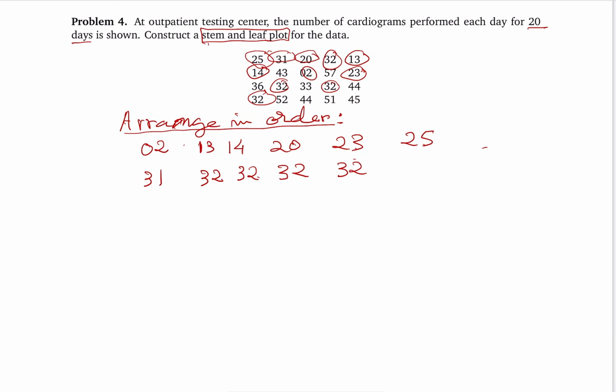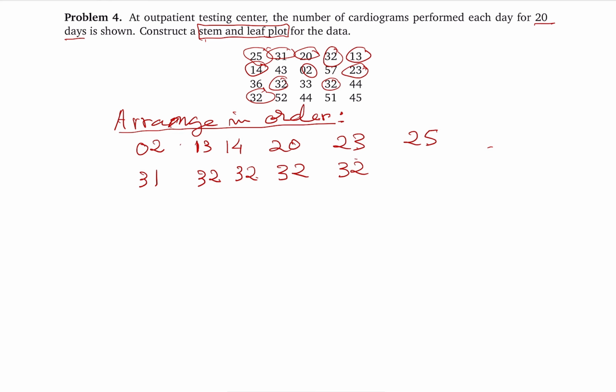And the next one I have is 30. And 30 is done. The next one is 33. And the next one I have is 34. 34 is not here. 35 is not here. 36 is here. And then I have 37, then 43. 43, yes, 43 is done.